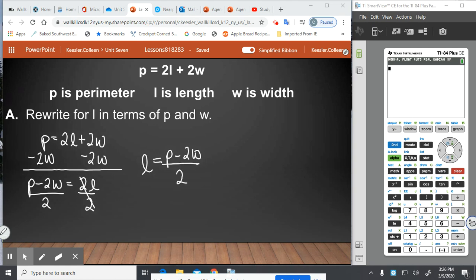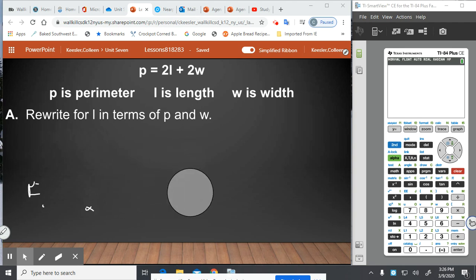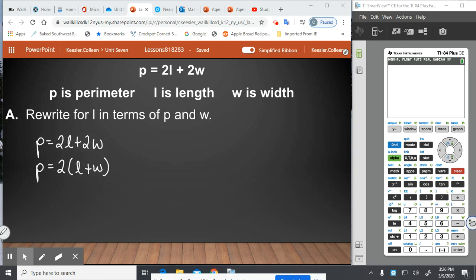Now, another way I could have done this, just so you see it, is since P equals 2L plus 2W, I could factor out a 2 and get 2 times L plus W, then divide by 2.